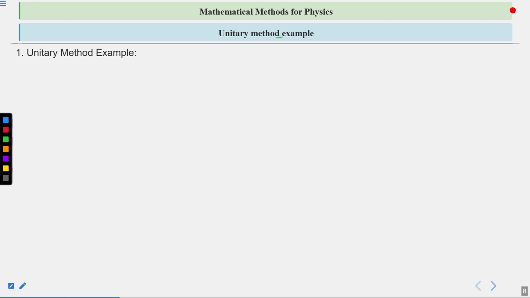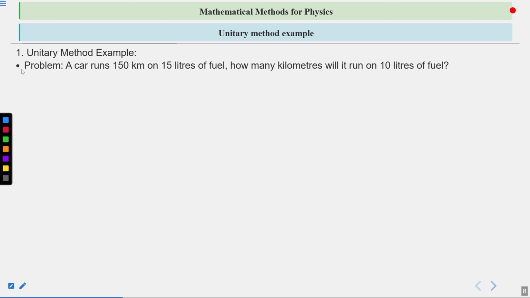Unitary method example. Problem. A car runs 150 km on 15 liters of fuel. How many kilometers will it run on 10 liters of fuel? Solution. First, find the kilometers per 1 liter.